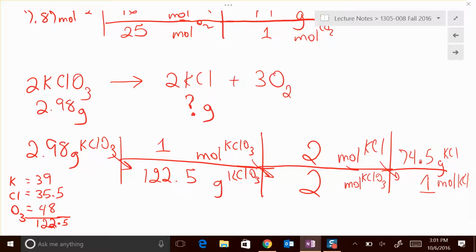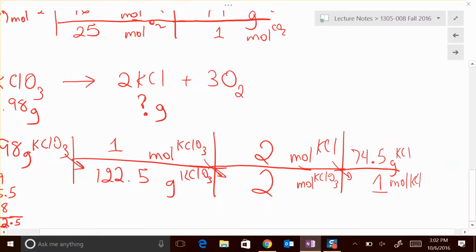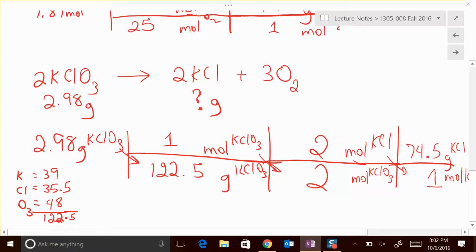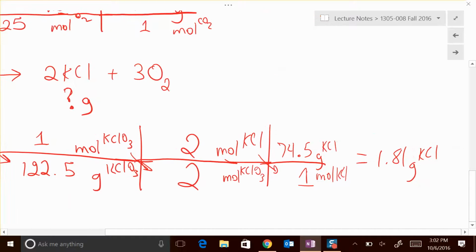So how am I going to carry out this calculation? 2.98 times 1 times 2 times 74.5 divided by 122.5 divided by 2. So 2.98 grams of KClO3 will produce 1.81 grams of KCl when it decomposes.